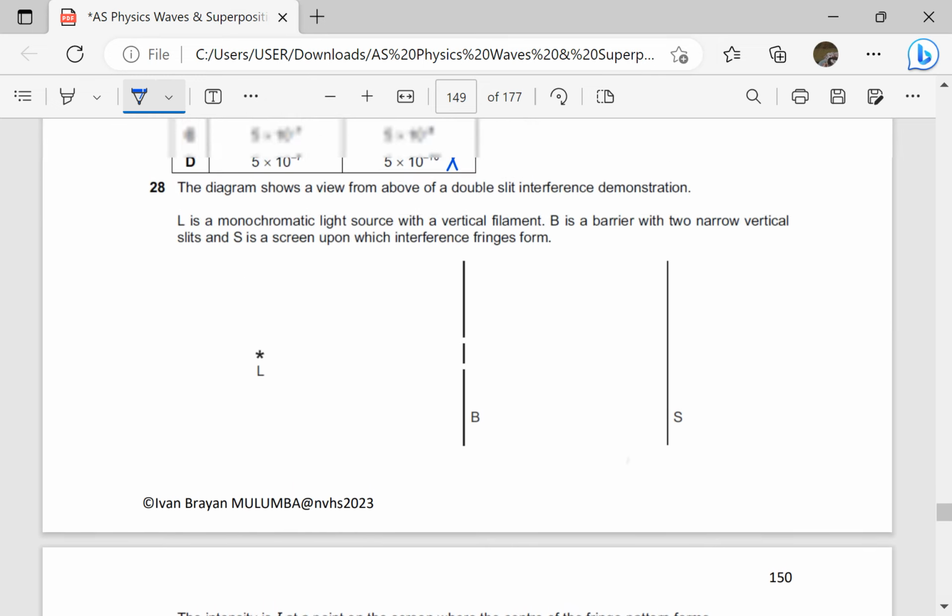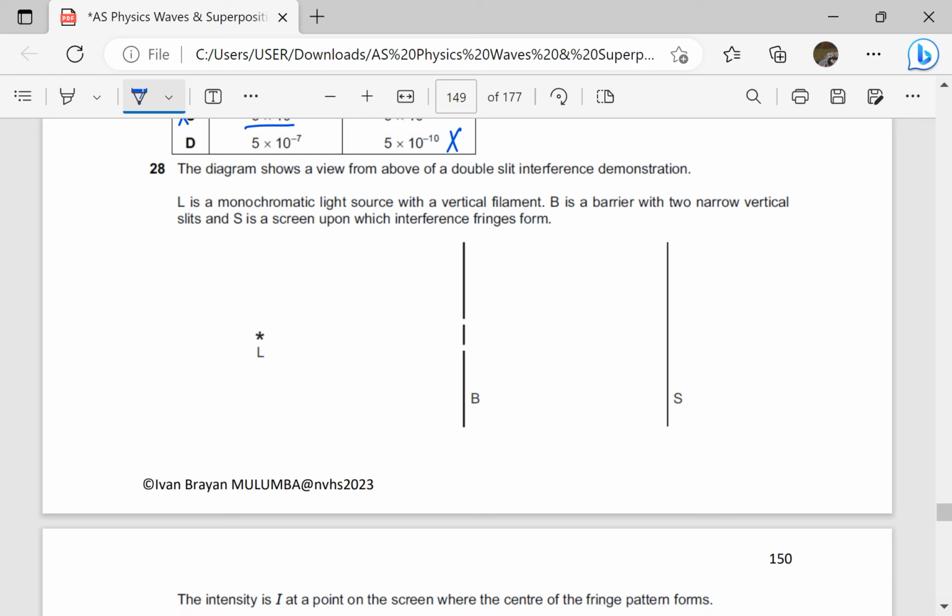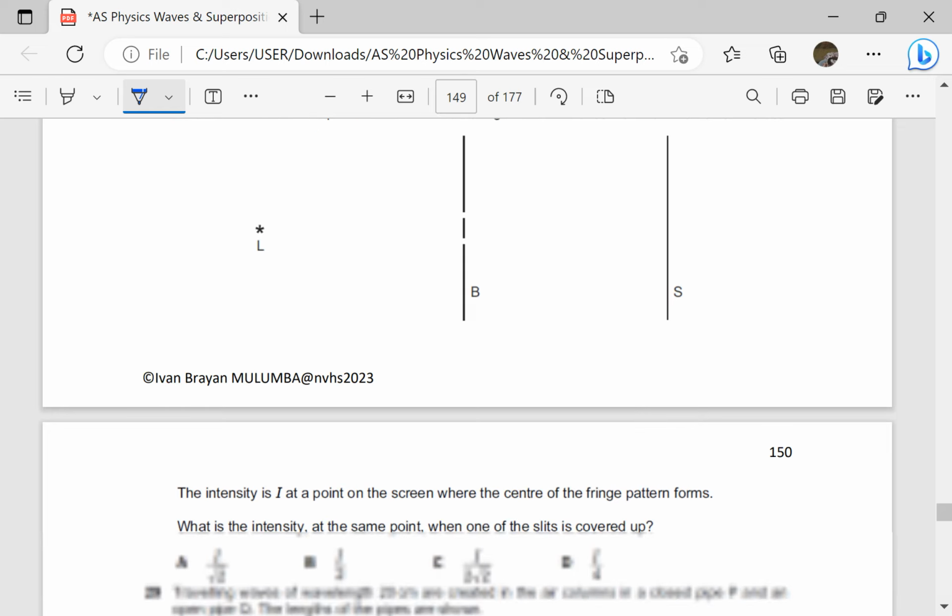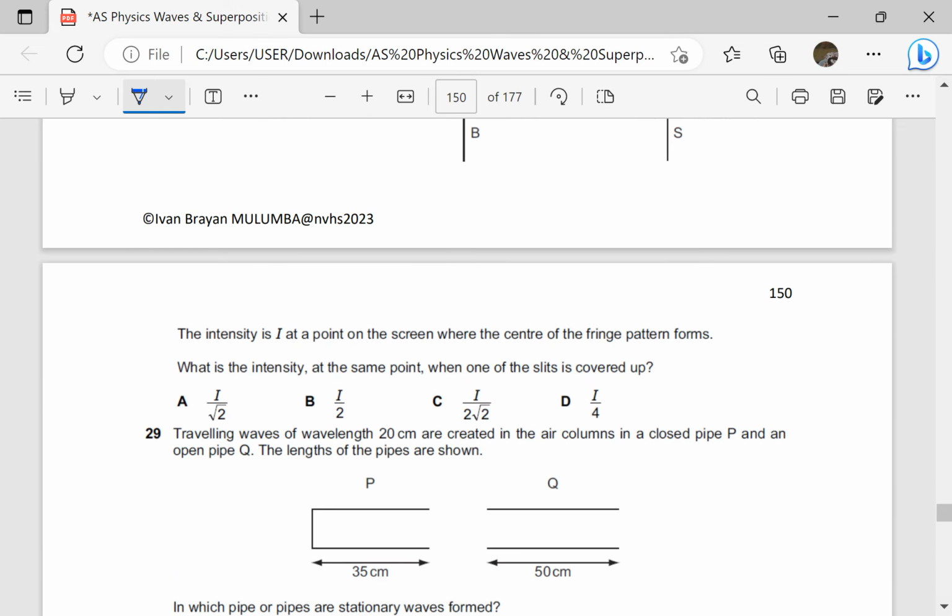So they told us B is a barrier with two narrow vertical slits, and S is a screen upon which interference fringes form. The intensity is I at a point on the screen where the center of the fringe pattern forms. What is the intensity at the same point when one of the slits is covered up?